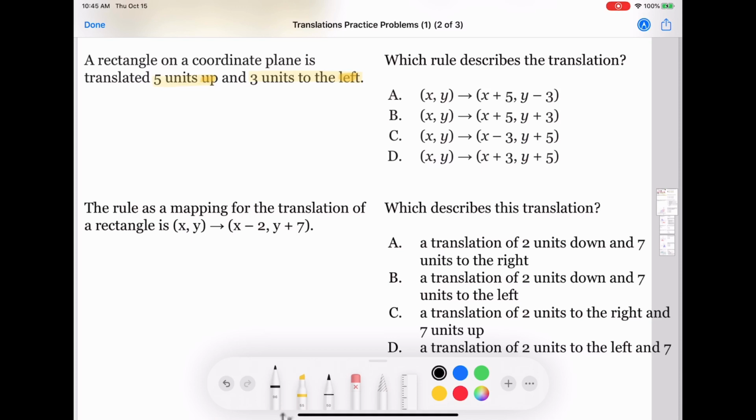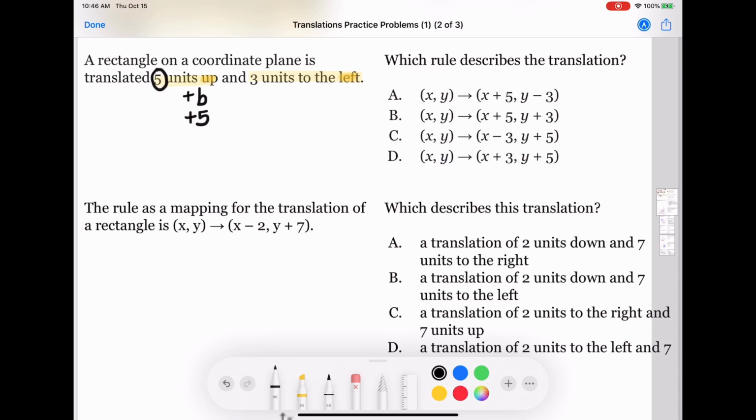Well, we know that when we move up, we must use B to represent a movement vertically up or down. Because we are moving up, we must use a positive B. B in this instance would be 5, so we would use a +5.